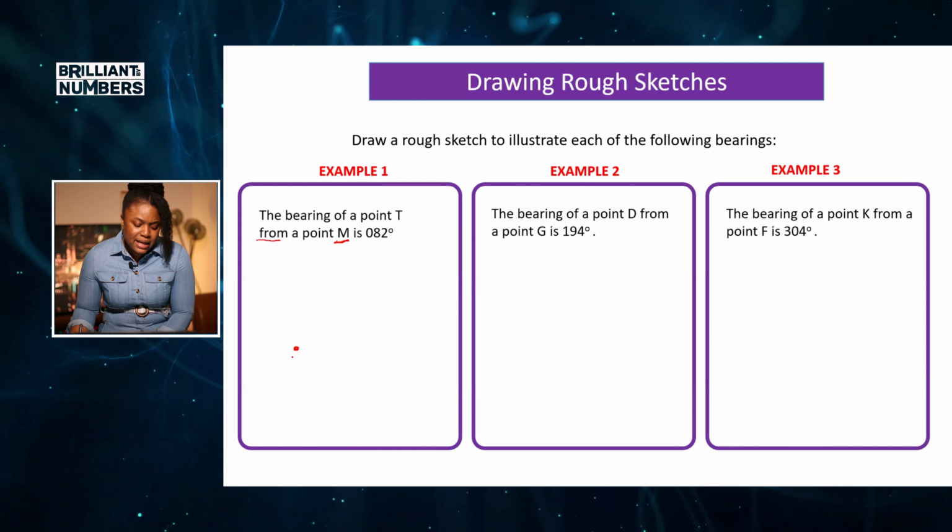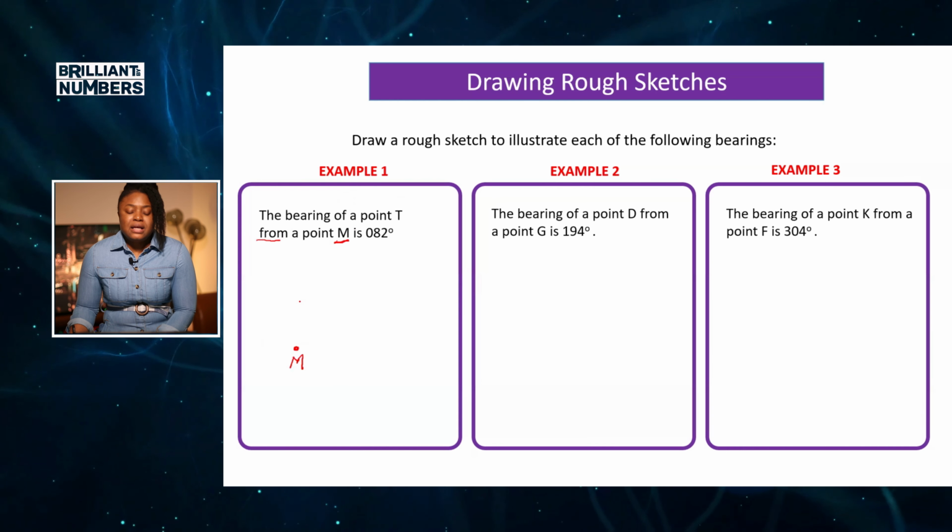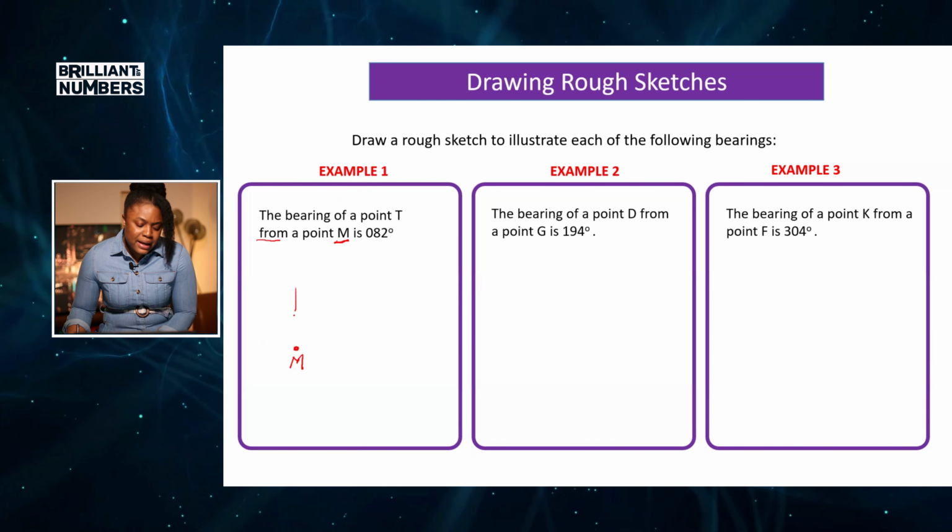So I underline from a point M, which means my starting point is M. So I make a reference point, I call that M, and I'm going to now put my north line.